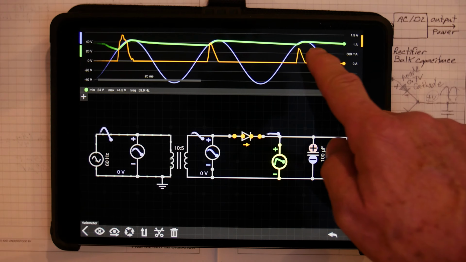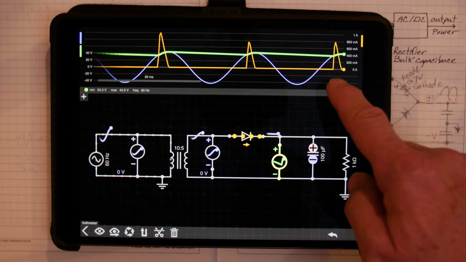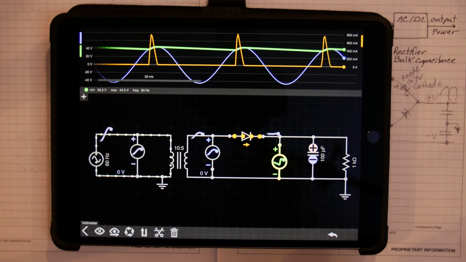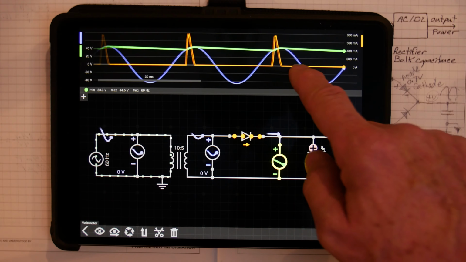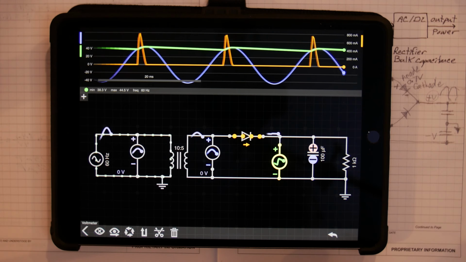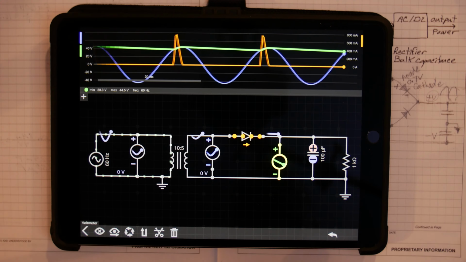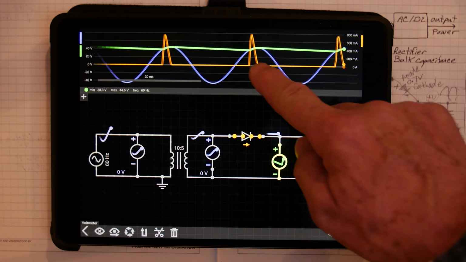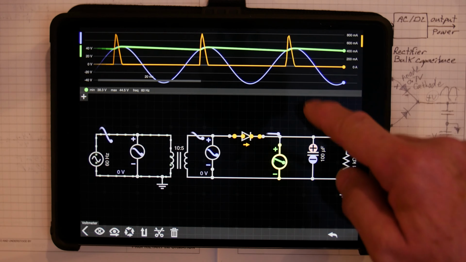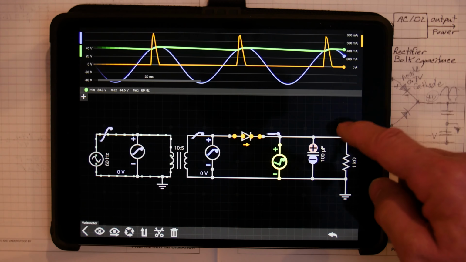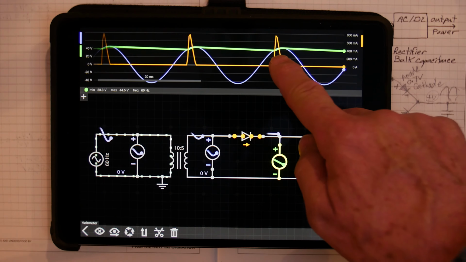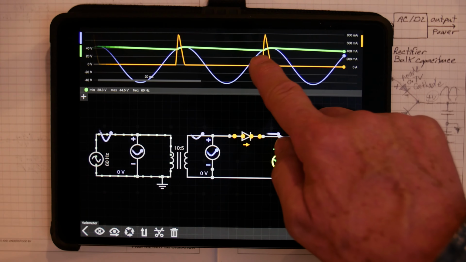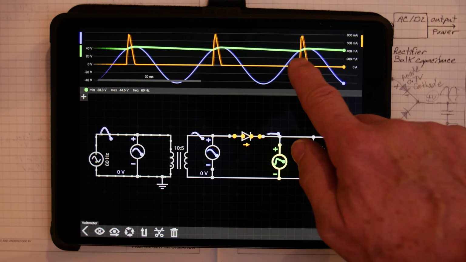Okay, at 100 microfarads, our green waveform's getting flatter. Now it's going from 44.5 volts to about 38.3 volts. So it's about 6 volts peak to peak, just a little bit less than 6 volts peak to peak. But our current, again, it looks like a shark's tooth. It's just very sharp, because it can only turn on during that part, you know, where the green waveform is not quite flat, where it has to get charged back up.